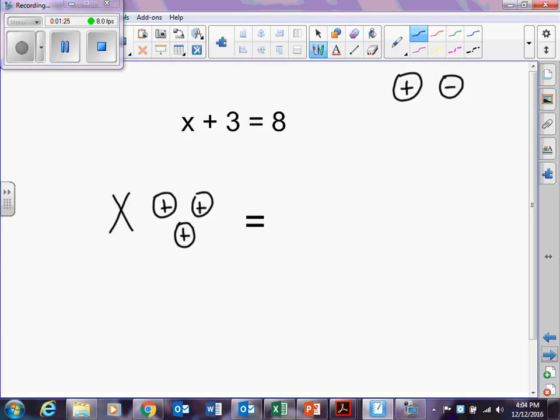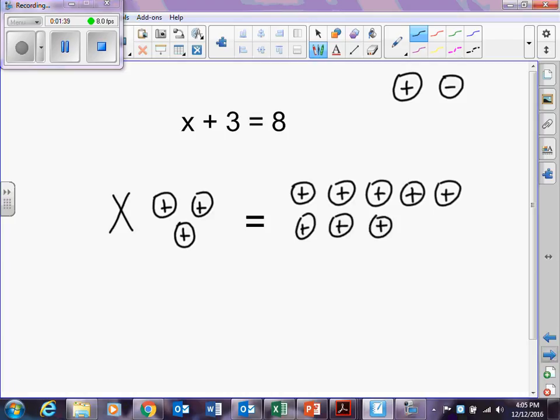On the right-hand side of the equation, I have 8 positives. So I am going to put those here. 4, 5, 6, 7, 8.